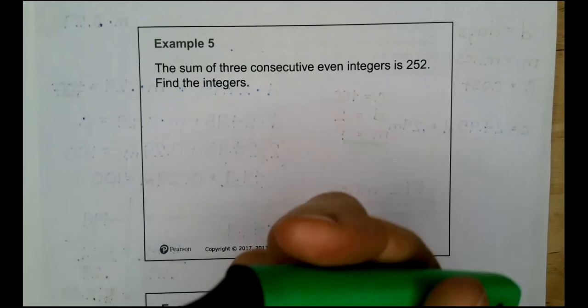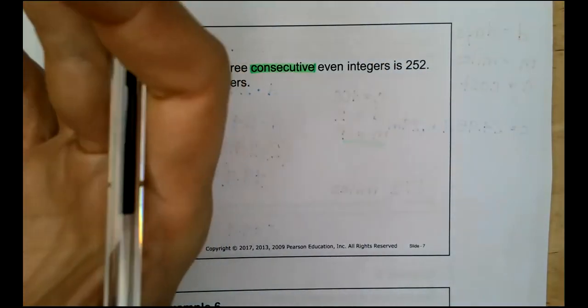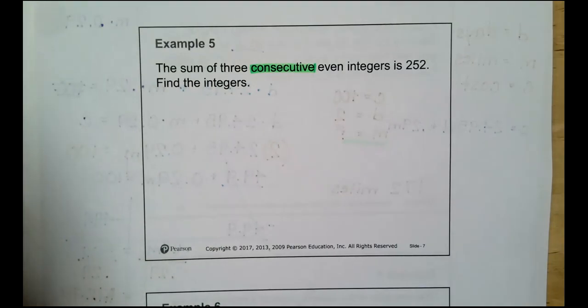Okay. The sum of 3 consecutive even integers is 252. Find the integers. Consecutive means there is one after the other, right? 1, 2, 3; 51, 52, 53; 105, 106, 107.